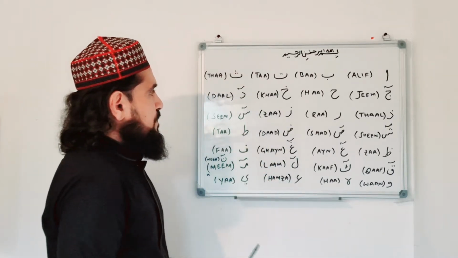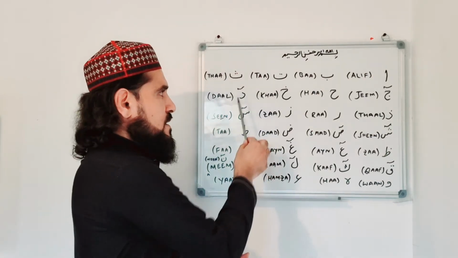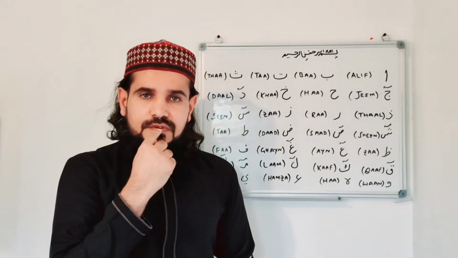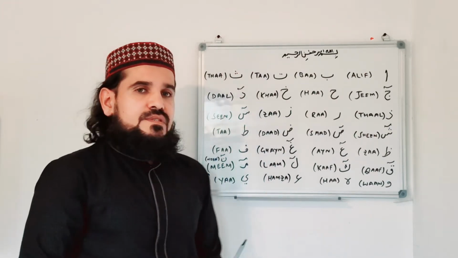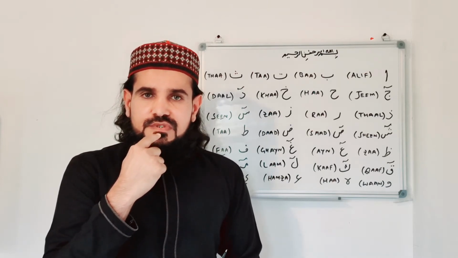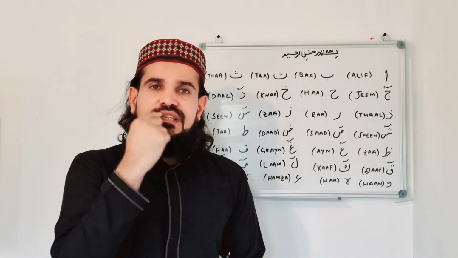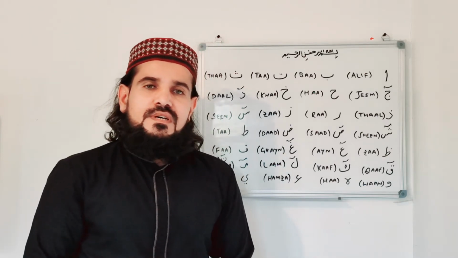The next letter is Dal. So this Dal letter again comes from the tip of your tongue, and that touches the root of the incisors. So this first part of your tongue touches the back side of the front teeth, and that is the makhraj of Dal.